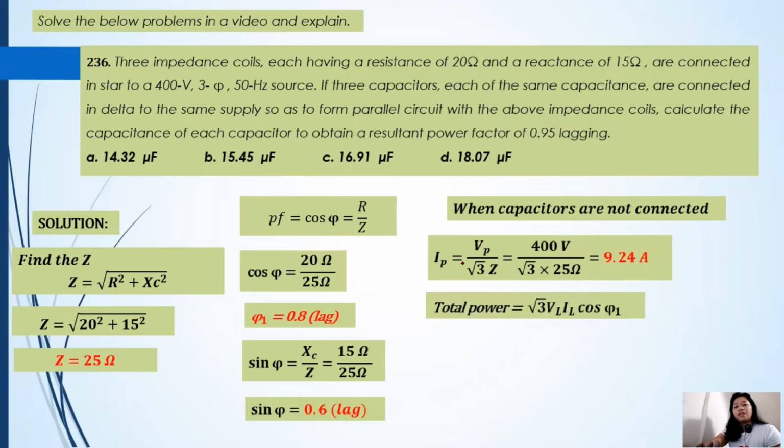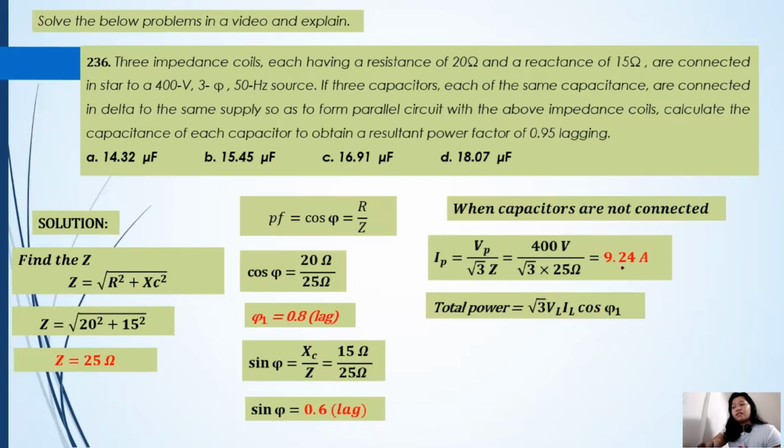Next is for the total power. Our formula for total power is square root of 3 times VL, our line voltage, times our line current times the cosine phi 1. Since our line voltage is equal to our phase voltage and our line current is just equal to our phase current, we will just use the values here.